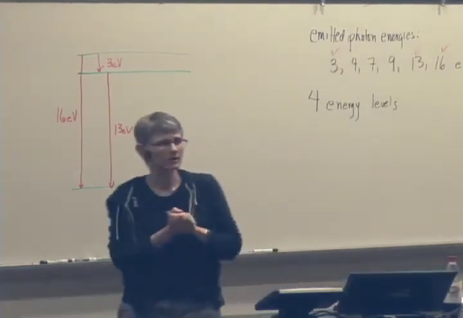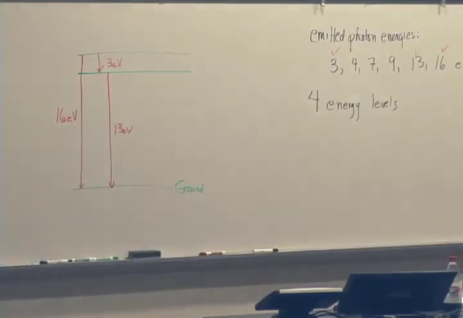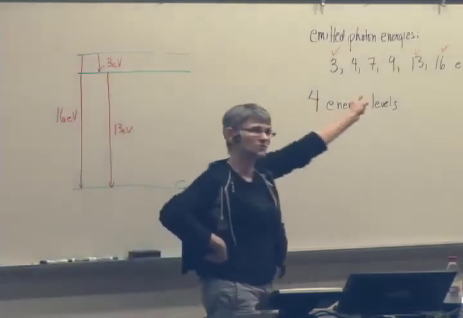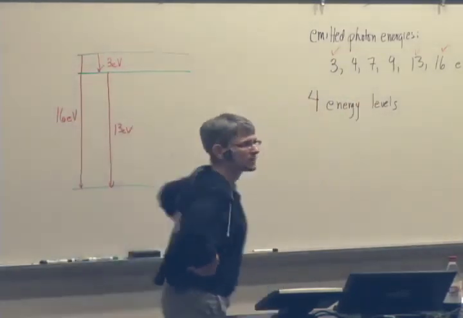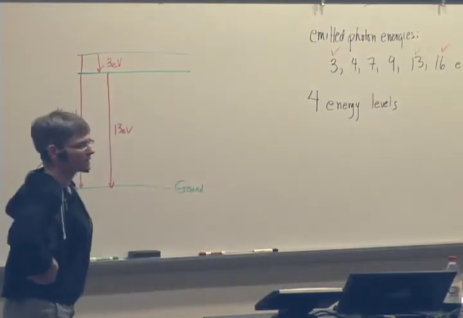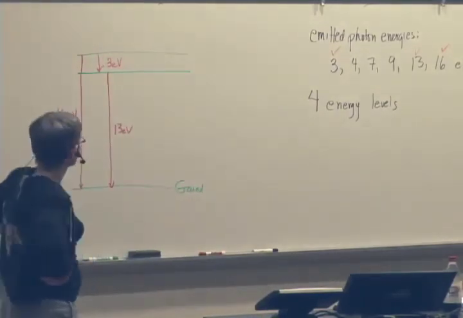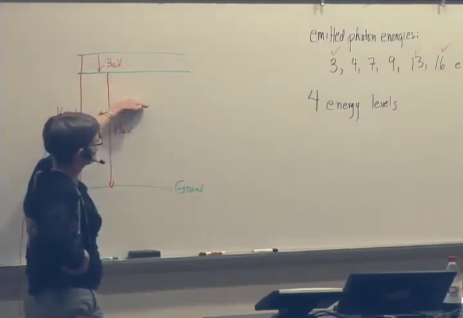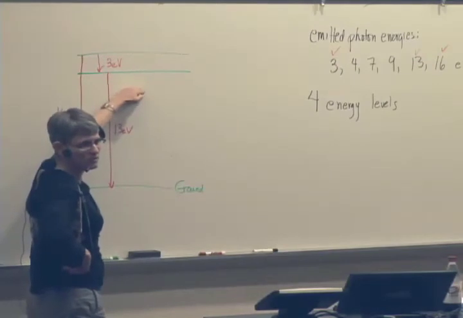Now, what are we going to do? Now we have to try a few things. But look, notice how far we got with just those two photon energies. Okay, so one suggestion is the third one from the top would be the second smallest difference.